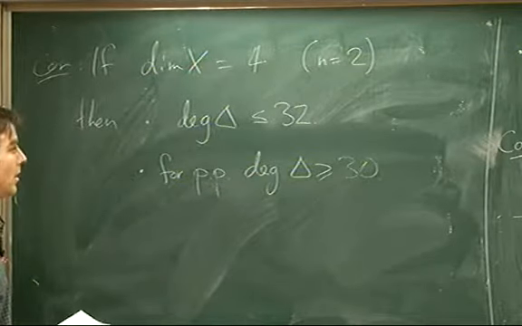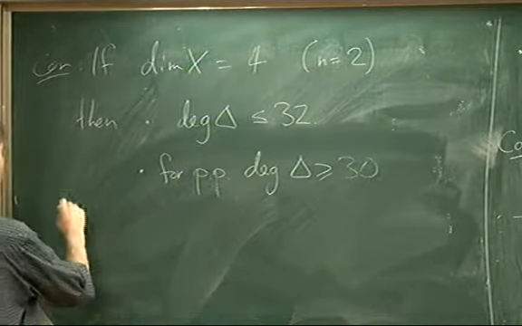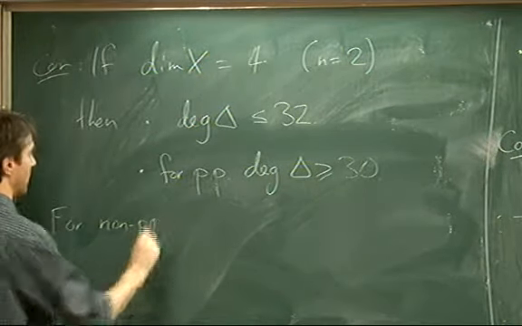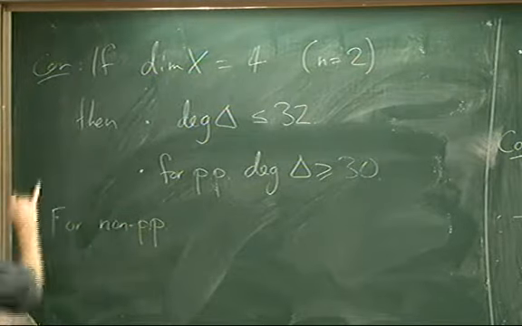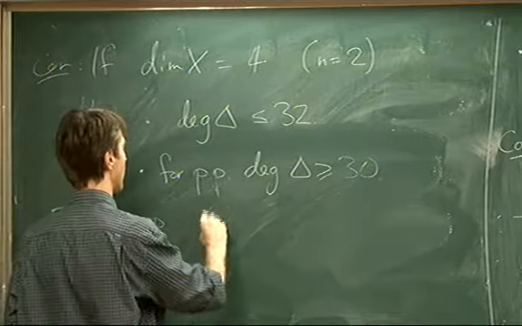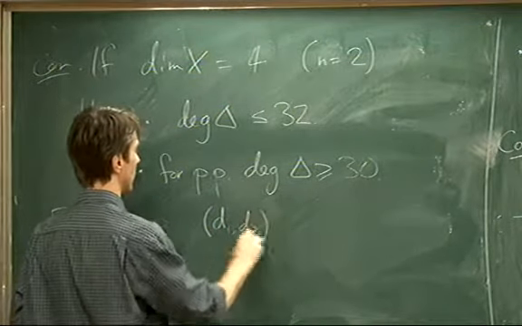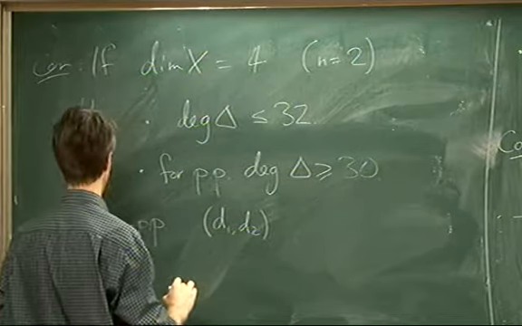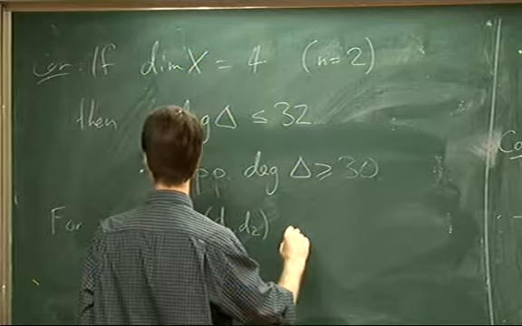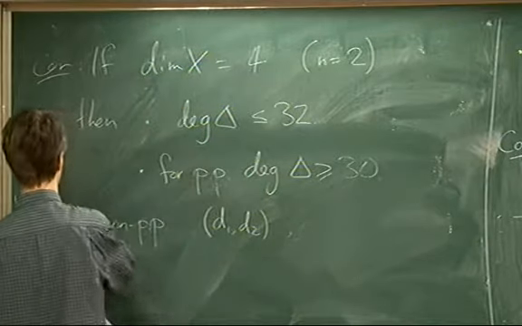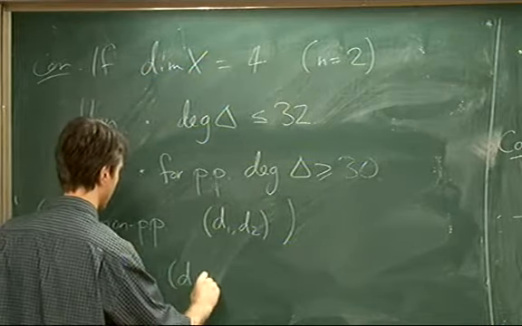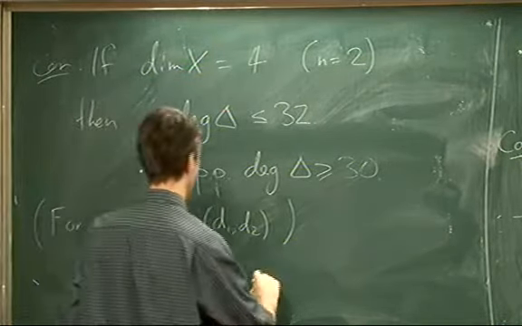And so more generally for a non-principal polarization, for families of abelian varieties, polarization would be given by a pair of integers d1 and d2, where d1 divides d2. Okay, so for non-principal polarizations, these pair of numbers are bounded as well.